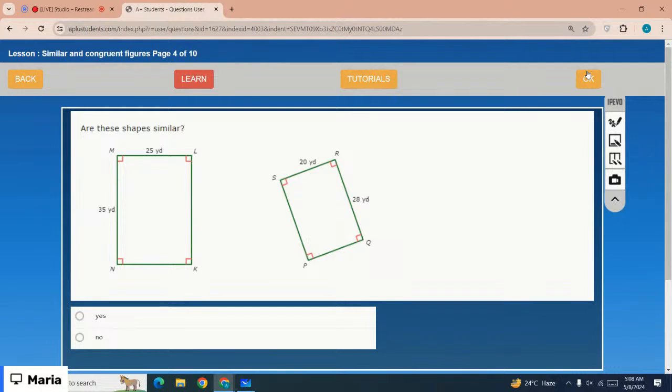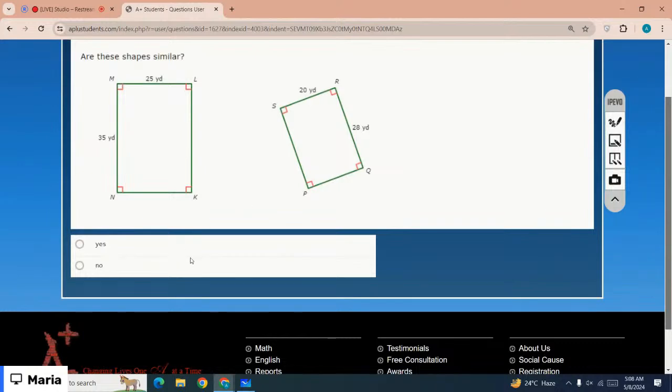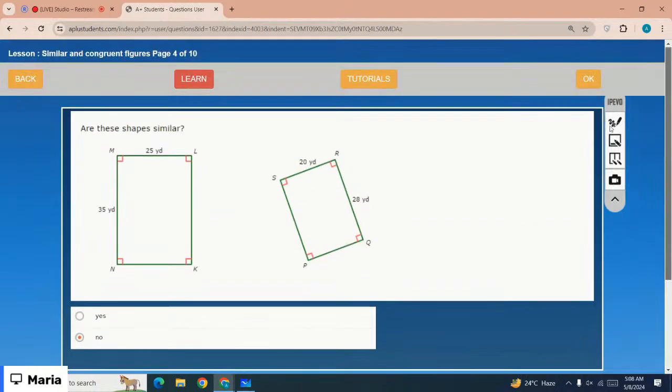The correct option is no, they are not similar because they have different side lengths. So the correct option is no.